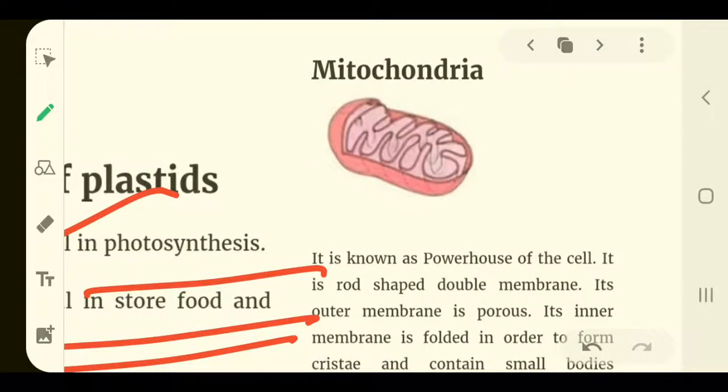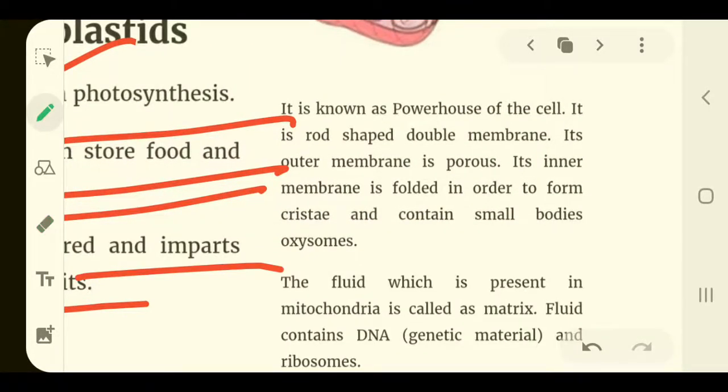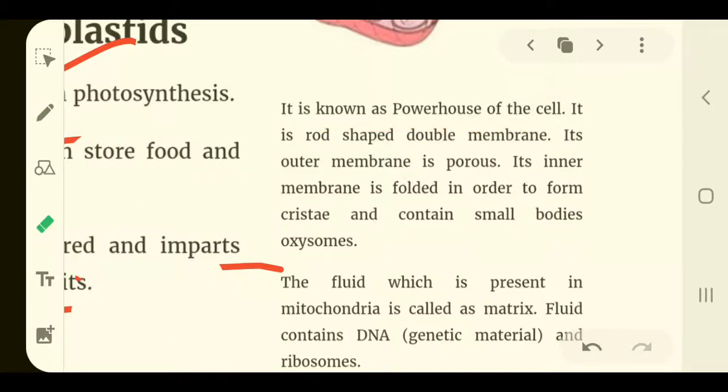Then the second organelle is mitochondria, and it is one of the most important organelles because it is also referred to as the powerhouse, because it produces energy for us. It is the powerhouse of the cell, and you can write it down in this format.